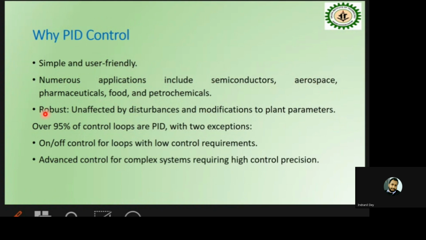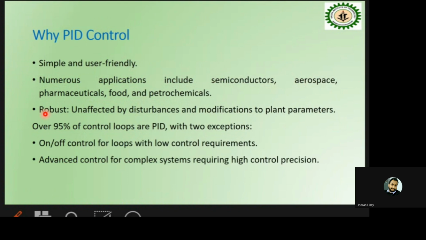The next important thing about a PID controller is its robustness. As you saw previously during the design specification, a controller can deal with disturbances which can affect the process, and with plant parameter modification.